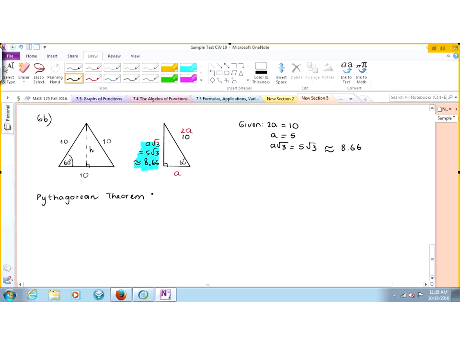So the application will come from Pythagorean theorem. So it says here 10.7. Okay. The diagonal crosswalk.